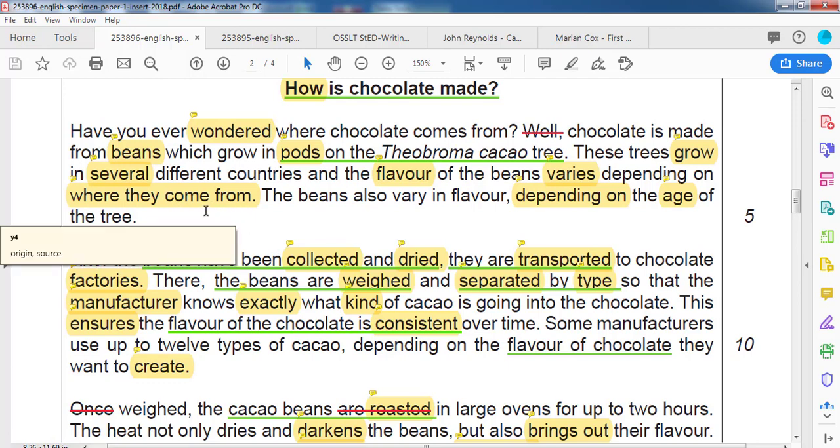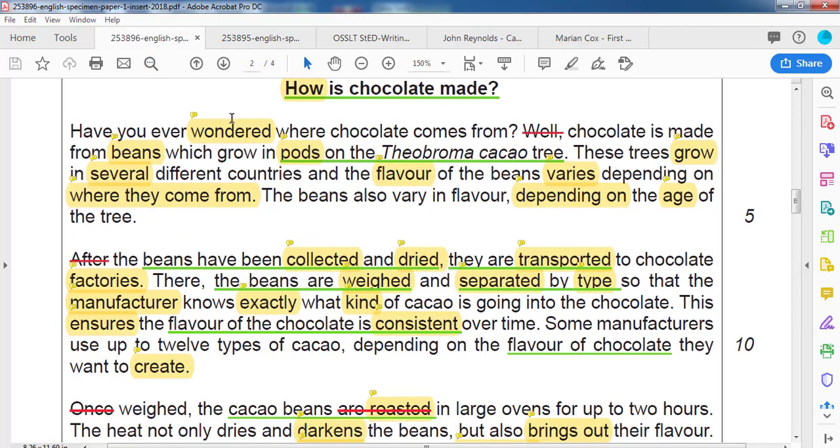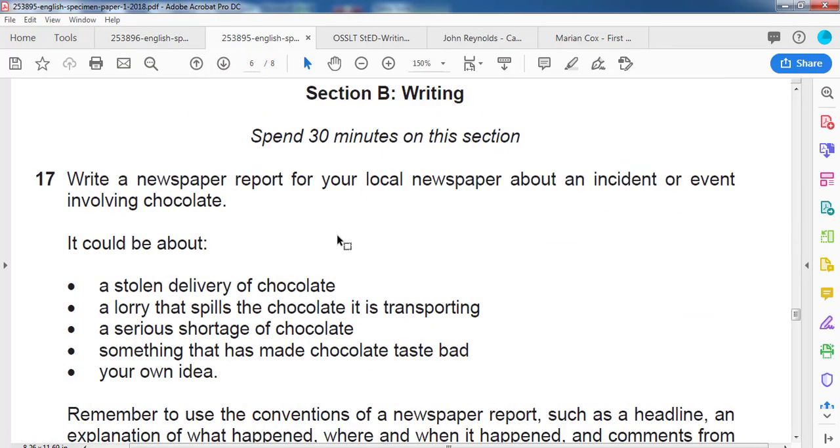You have to use the words, not copy and paste, but take the meaning or the synonym of the words and employ them inside your section B writing. So try to get benefit out of it.